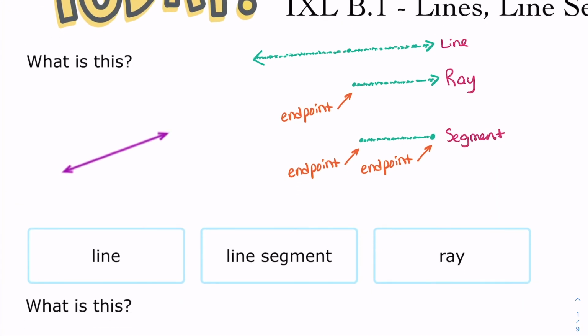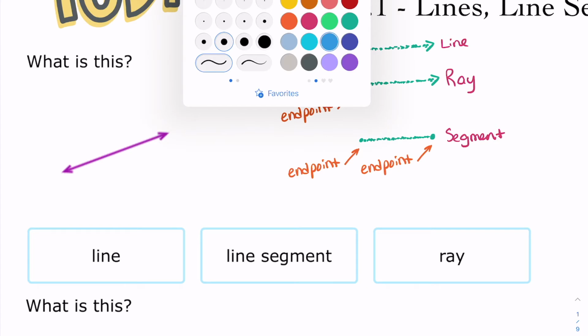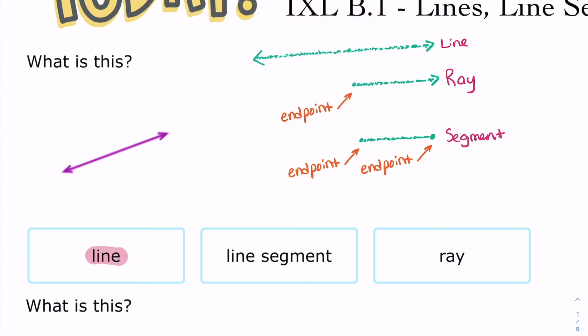So what is this one? Well, this is a line. So when you're on IXL B1, you'll click line, and you'll get that one right. Okay, so that's a line. Let me change the color here. Here's a line, because there's no endpoints.